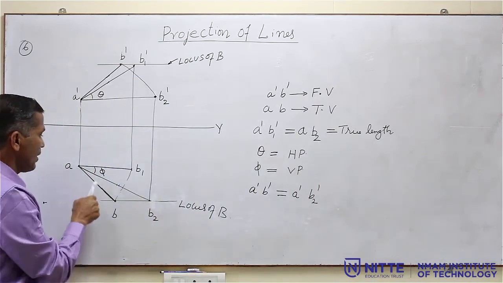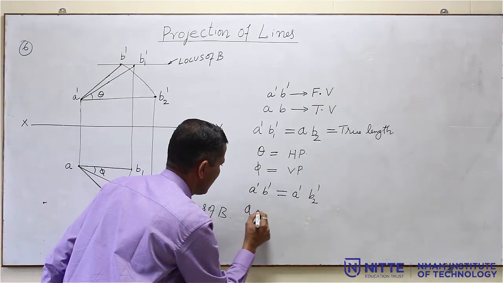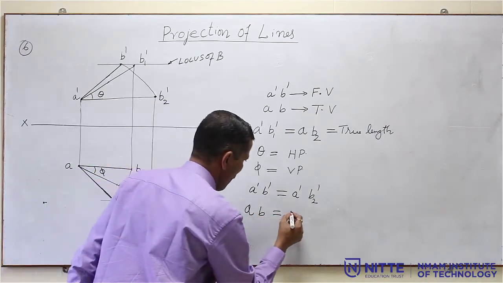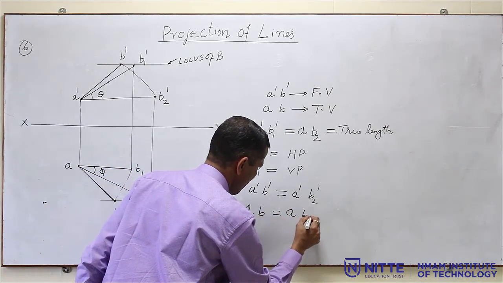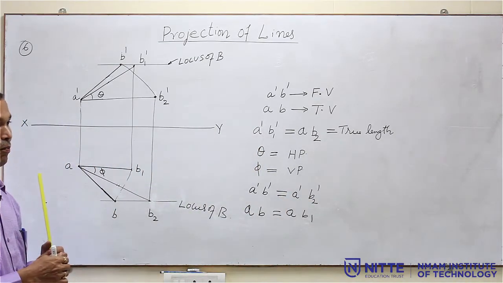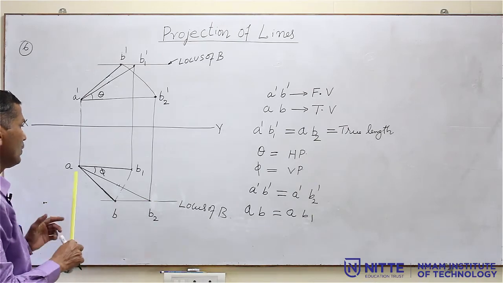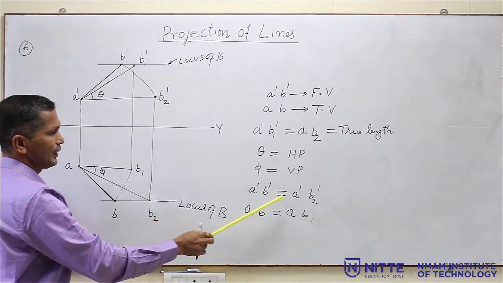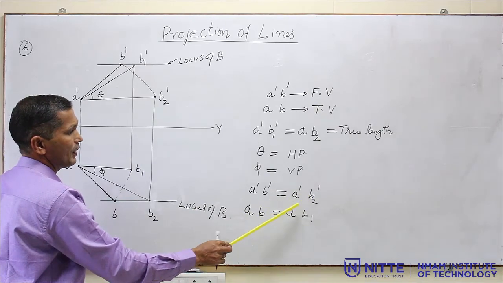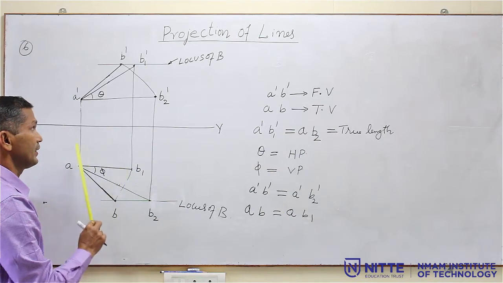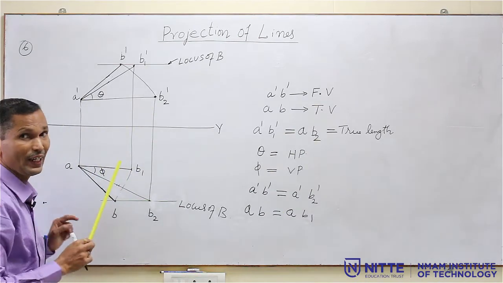Similarly, AB is equal to AB1. Now AB1 and A dash B2 dash are always horizontal lines. That means no need of any angles.